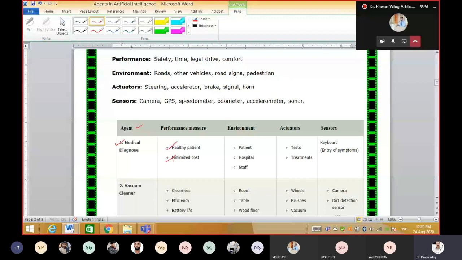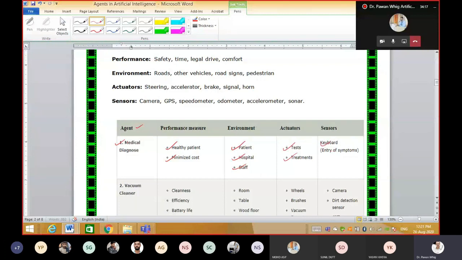And the environment is who are there, that is your patient, hospital, and staff. Actuators are the output, that is tests and treatments. And sensors are the input, that is the keyboard, the entry for the symptoms.